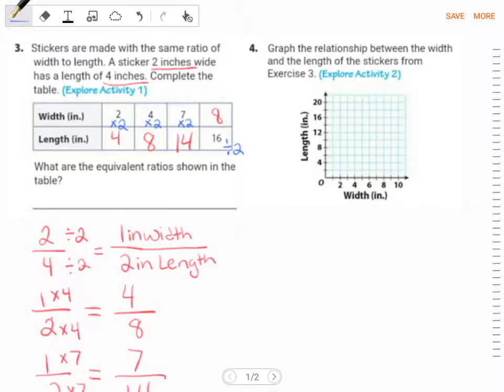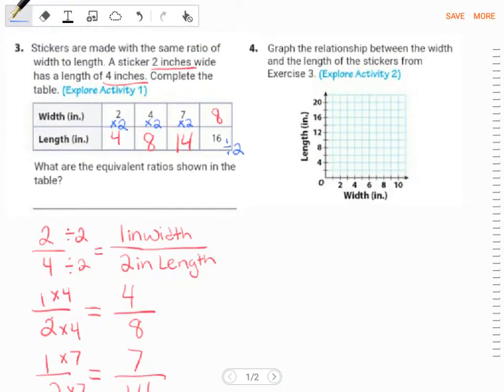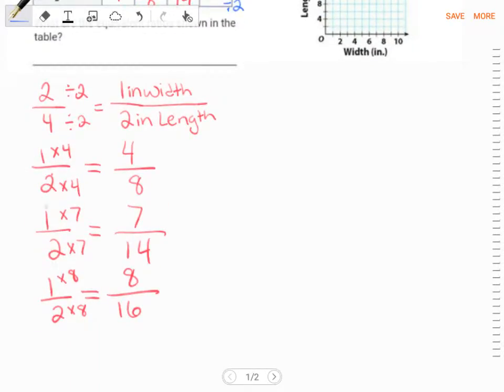So there is a pattern to it, and this requires a lot less work and a lot less writing than the first method I showed you. But you got to make sure that you are able to really think through this. And if you're having trouble seeing this, where you can multiply by 2 and then divide by 2, then you need to try to set up the problem like we did here in red, okay?